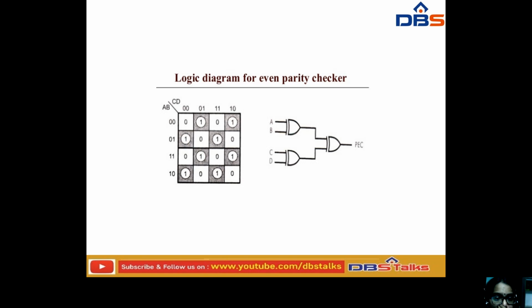Okay, if you have observed the logical diagram for this combinational circuit, here we are having two NOR gates, and for that is AB and CD. Okay, AB and CD. For that we have done this one.